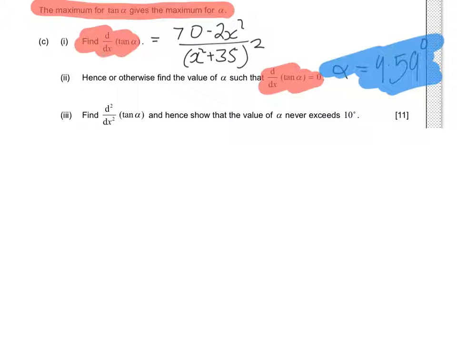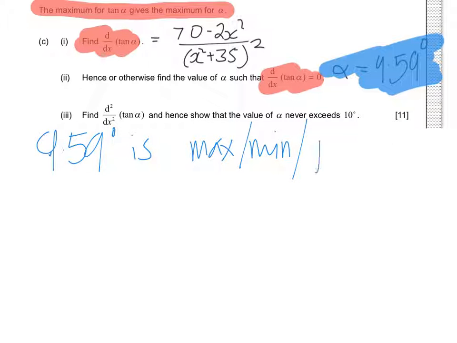So 9.59 is either a max or a min, or I suppose conceivably could be a stationary point of inflection, especially considering we're thinking about tan.